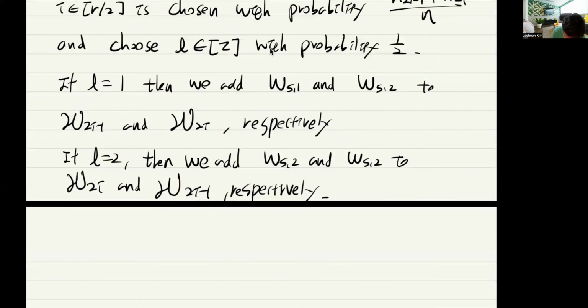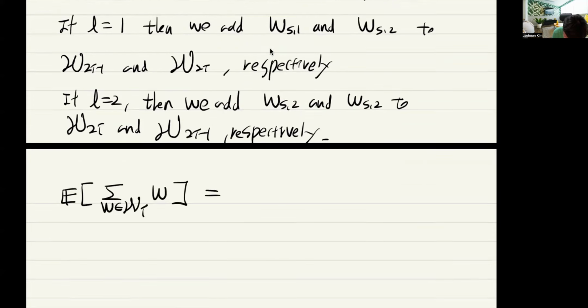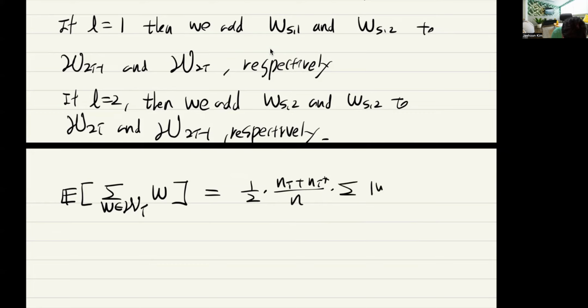Okay, then what do we know? The expected size of each curly W_i is half times (n_i plus n_i star) over n, that times the probability, and then you add over the W_S, i is 1, 2, t.